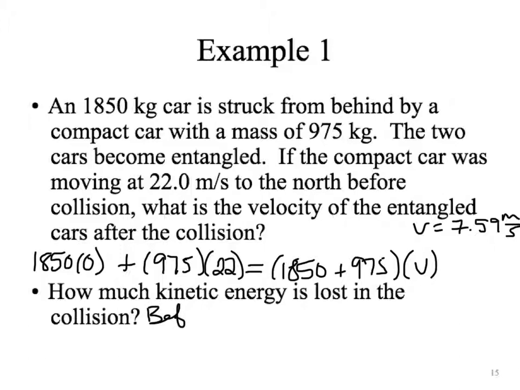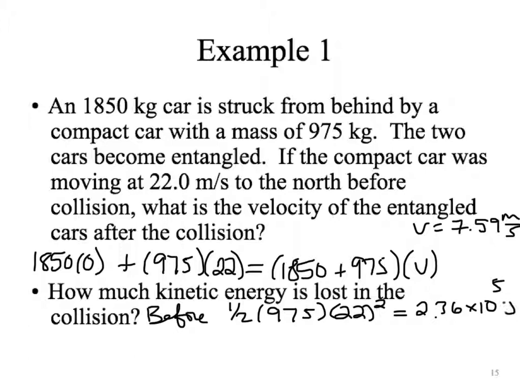If we look at the kinetic energy before, we're going to use 1/2 mv squared, and the big truck was at rest. So now we're going to get about 2.36 times 10 to the 5th joules of energy before the collision. After the collision, both of these things are together.